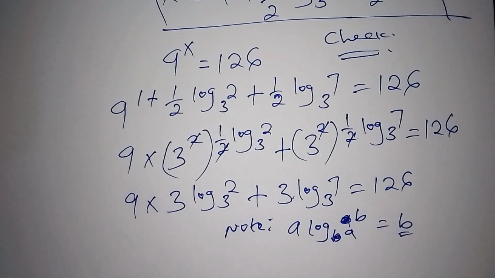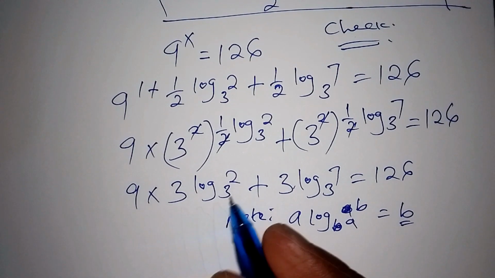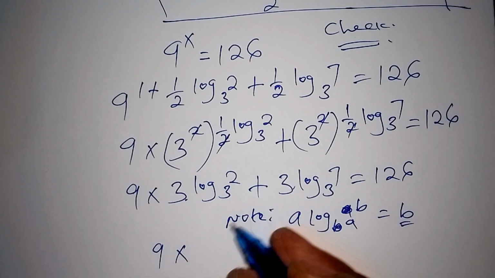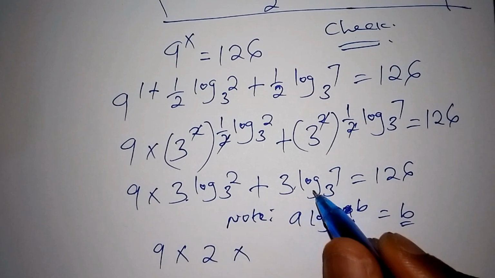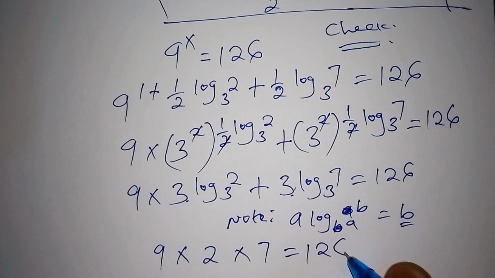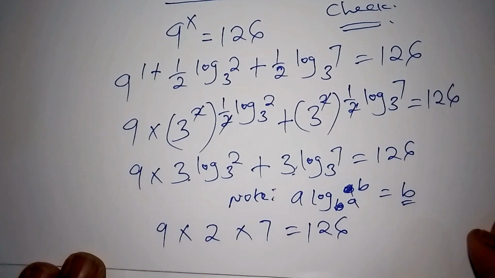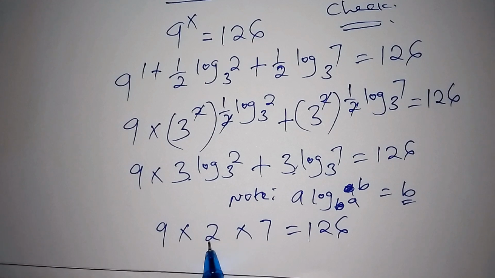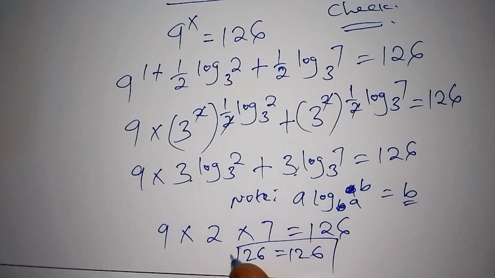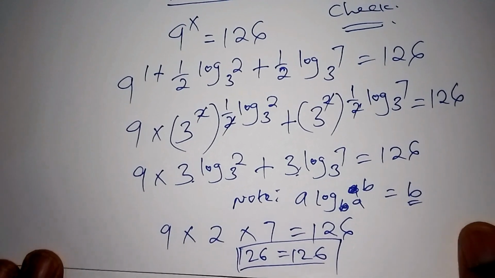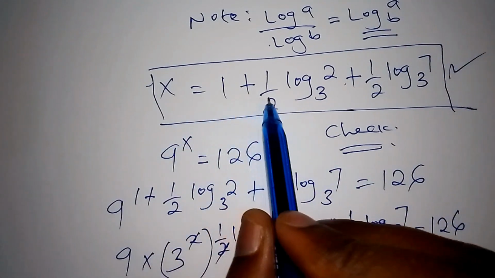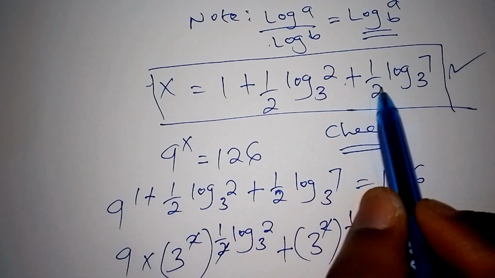This means we have 9 multiplied by 2, multiplied by 7, is equal to 126. 9 times 2 is 18, and 18 times 7 is 126, so 126 is equal to 126. We are correct in saying that x is equal to 1 plus a half log 2 to base 3 plus a half log 7 to base 3.